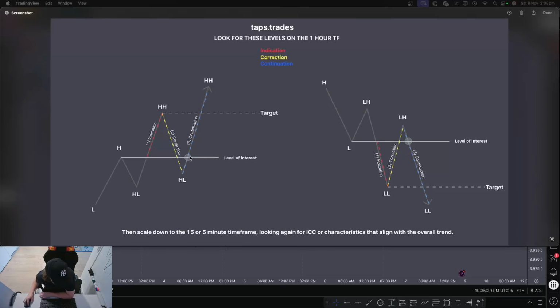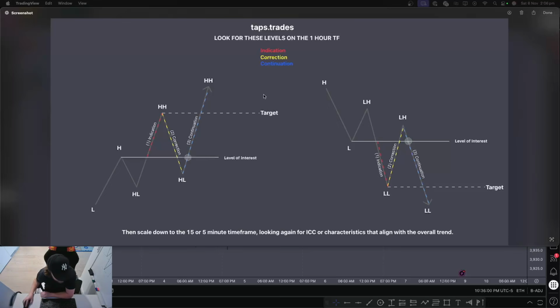Before then breaking back up above this level, which is the previous high, creating the continuation phase. And we're looking to take a buy entry at this level of interest. That's the key, right? So we've got the indication, the correction, and the continuation. So we're buying here and we're taking profits at the higher high.